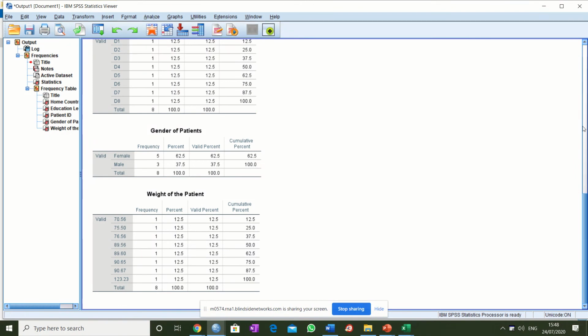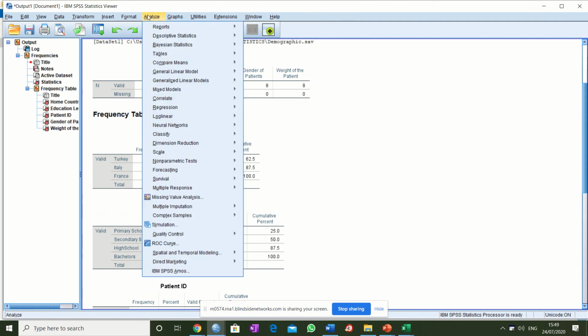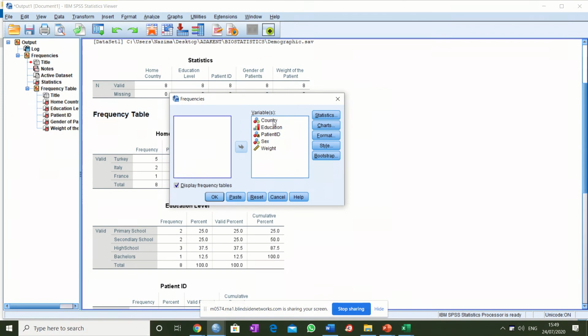Yes, and now how do we do this? Once again, it's from Analyze, Descriptive Statistics and Frequencies. Our statistical program draws us many tables in a minute. So let us count mean, median, mode.